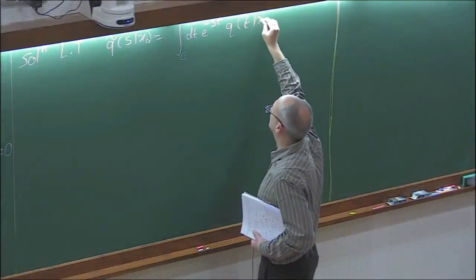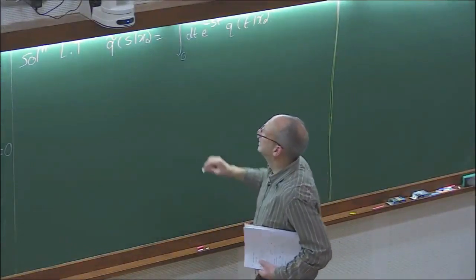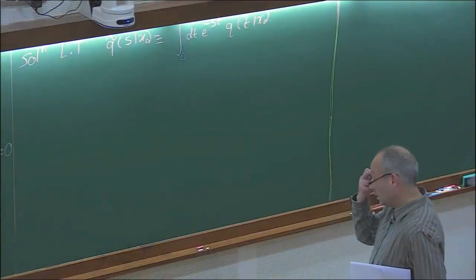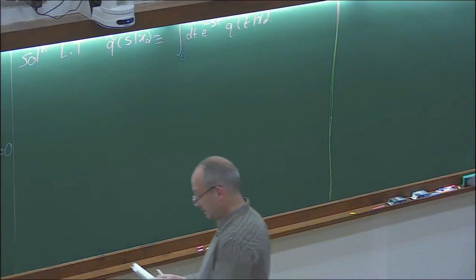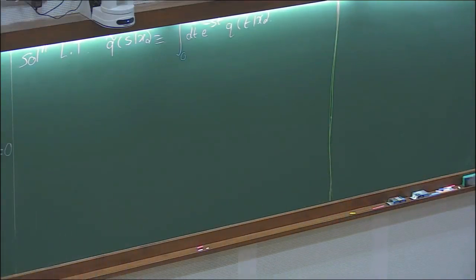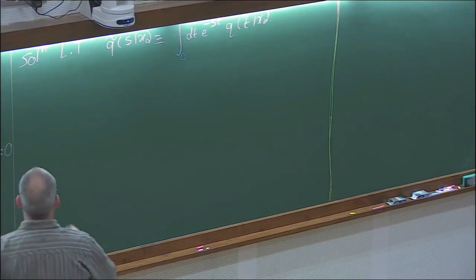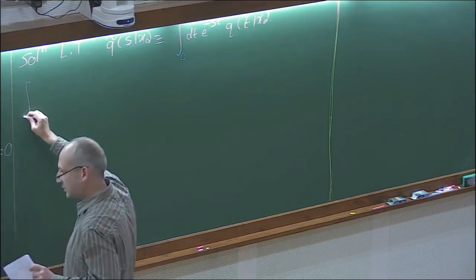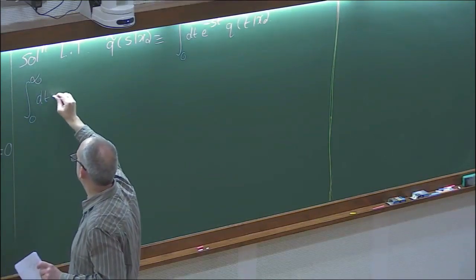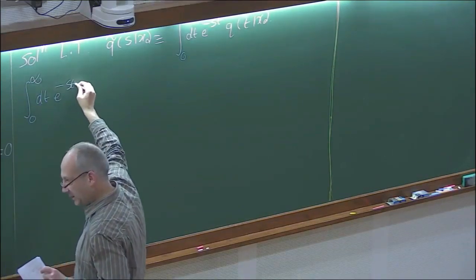Okay, so that's the definition. So when I want to Laplace transform this equation, the only tricky bit is transforming this side here. Let me just think a little bit about that. So if I try to make the transform, I have the integral from 0 to infinity dt, e to the minus st, then I've got a dq by dt.